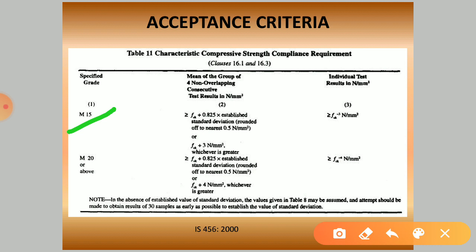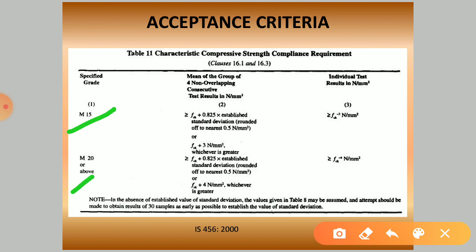An individual test result should be greater than or equal to FCK minus 3 Newton per mm square. It is similar to flexural strength: the average should be greater than the characteristic strength, and the individual test result should be limited by some criterion.